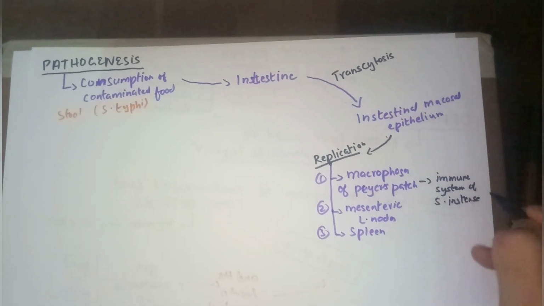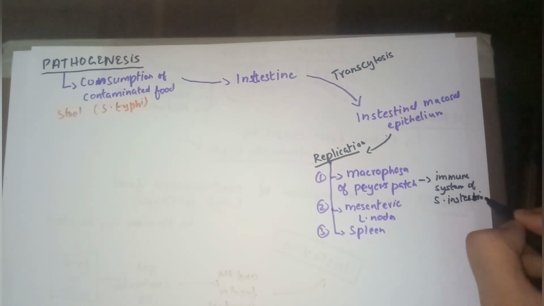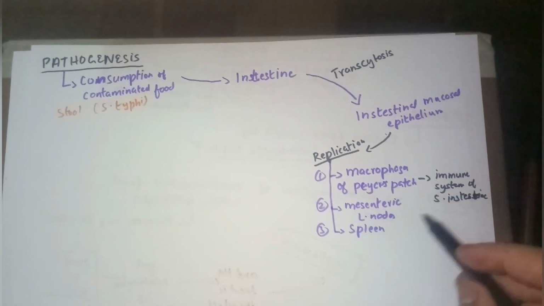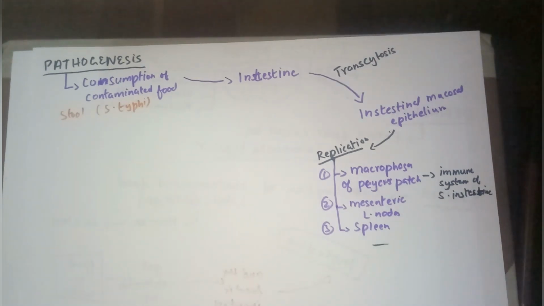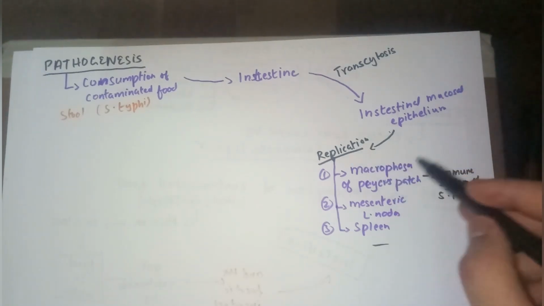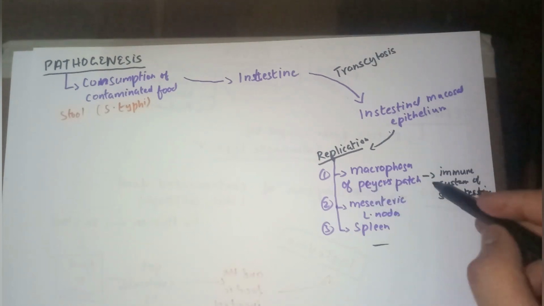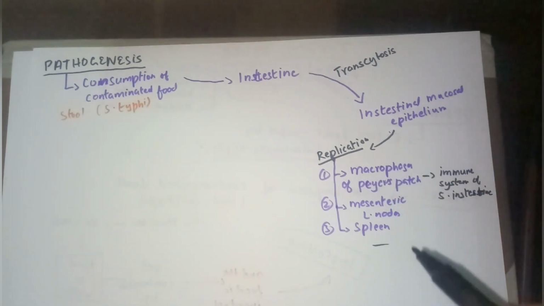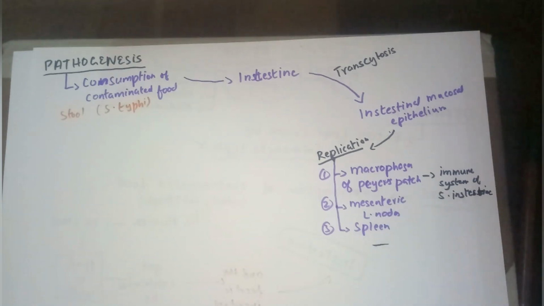And everyone knows mesenteric lymph nodes, the lymph nodes of the stomach and GIT tract, and everyone knows about the spleen as well. So it will replicate in the macrophages, inside the immune system, which is Peyer's patch. It has macrophages, and it will replicate inside that Peyer's patch, in the mesenteric lymph nodes, and in the spleen.